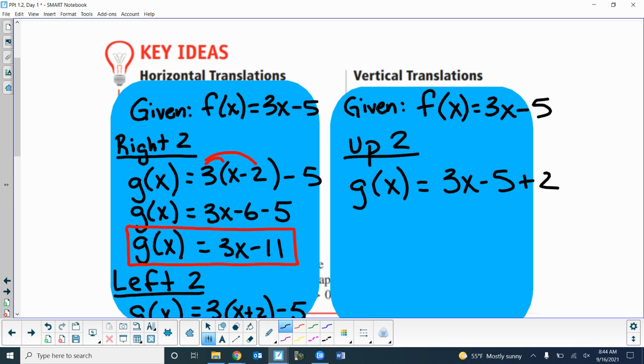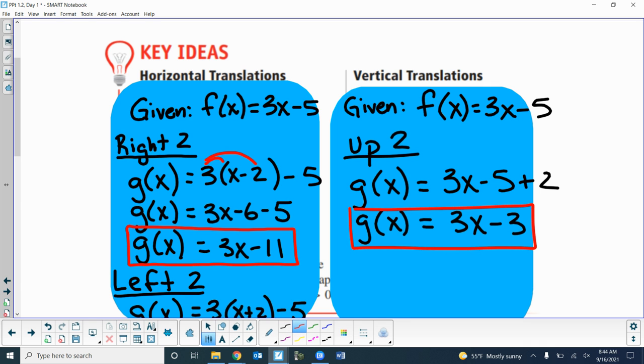So horizontal, we put x plus or minus whatever they're telling us, the opposite of what you think, in parentheses, and then distribute and simplify. When it's up or down, you're just adding it on the end of your original. Negative 5 plus 2 is negative 3. So there's the function that moves our original function up 2.